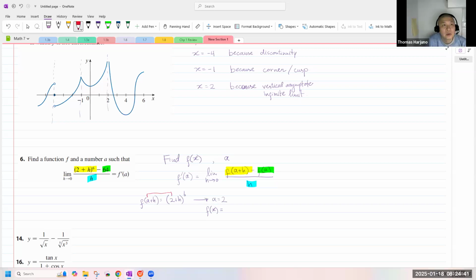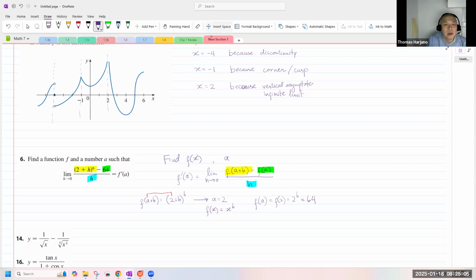That's correct, so f(x) is x to the 6. But we need to confirm with f(a). When x equals 2, f(a) equals f(2), that is 2 to the 6, which is 64.